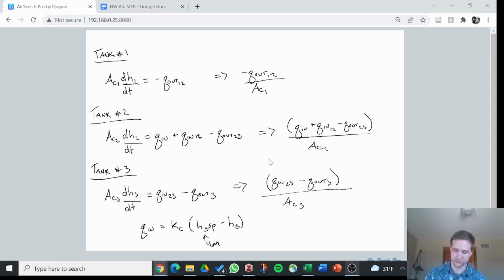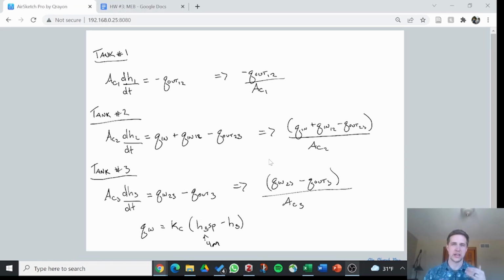And then vice versa. If the actual fluid level in tank 3 is higher than the set point that we want, well, then we don't want any more fluid. We want fluid to be leaving the tank, and so we want this flow rate or this proportion control to be negative, because we want to be pumping fluid out of tank 3 in order to get to our set point.